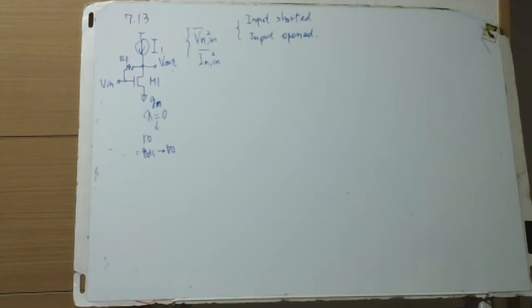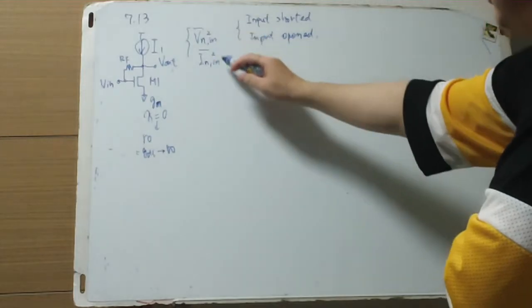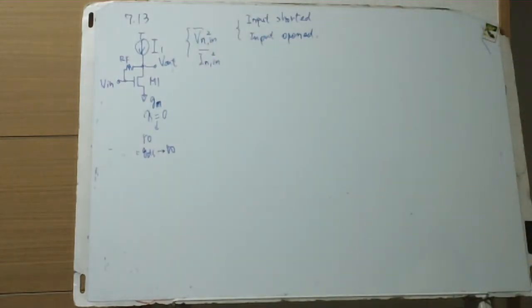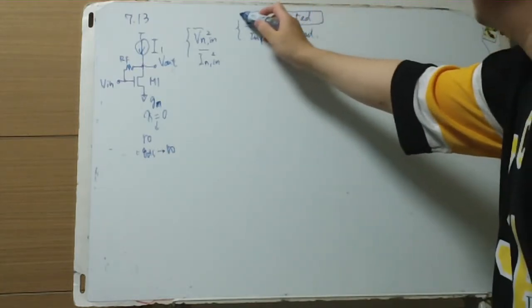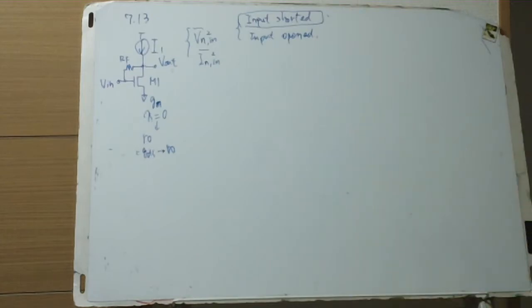Today is September 28th, or Sunday night in Japan, and I need to calculate these values, delivering these values. So I'd like to omit this case because it's already in the textbook.